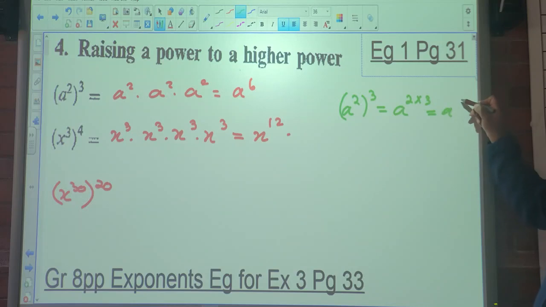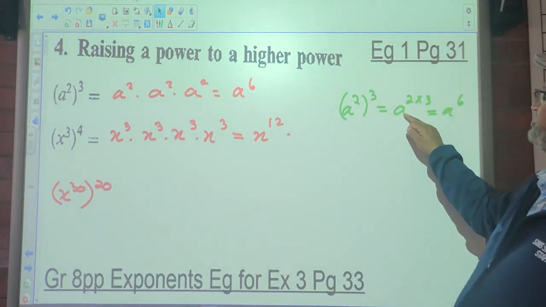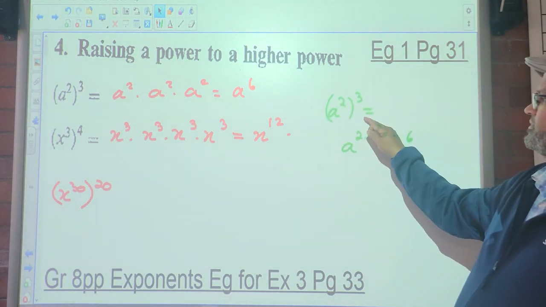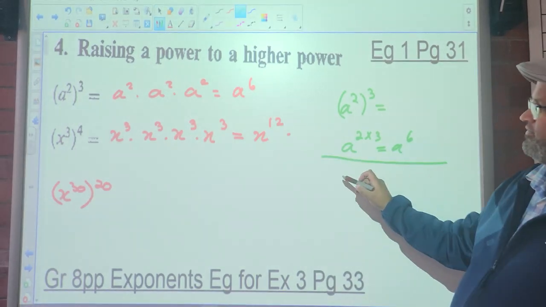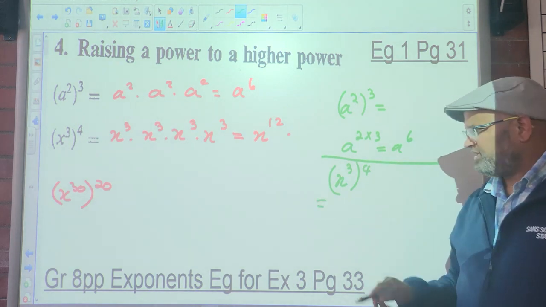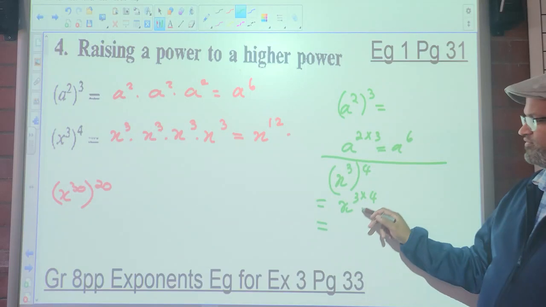And 2 times 3 is? You must write this at the bottom. The next one: x to the exponent 3 raised to the exponent 4 is simply x to the 3 times 4.